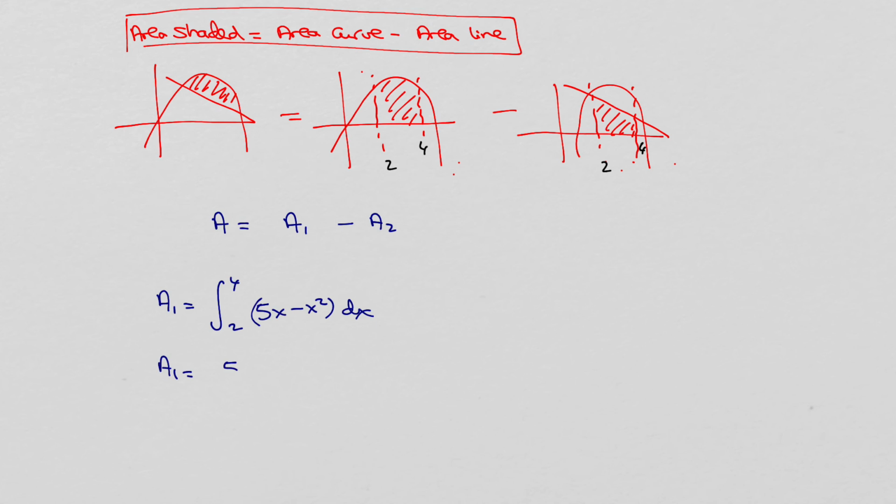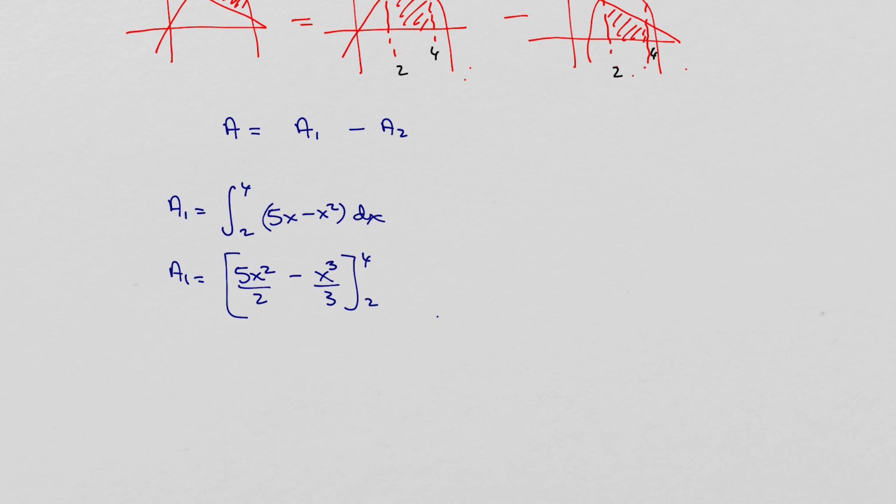So if I integrate 5x, I get 5x squared over 2. If I integrate x squared, I get x cubed over 3. And then I'm going to sub in my limits of 4 and 2. So my upper limit goes in first always. So that's going to be 5 times 4 squared over 2 minus 4 cubed over 3.